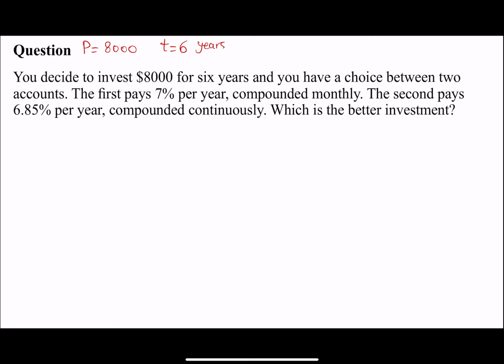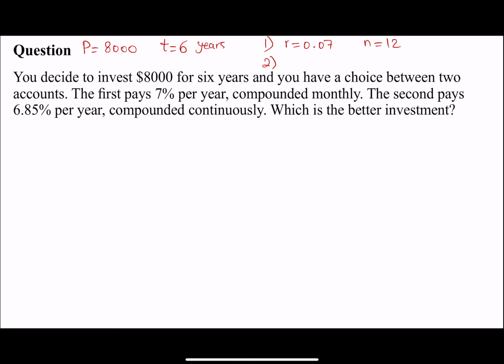And you have a choice between two accounts. Option 1 pays 7%, so r is 0.07 per year, compounded monthly, so n is equal to 12. Second option pays 6.85%.